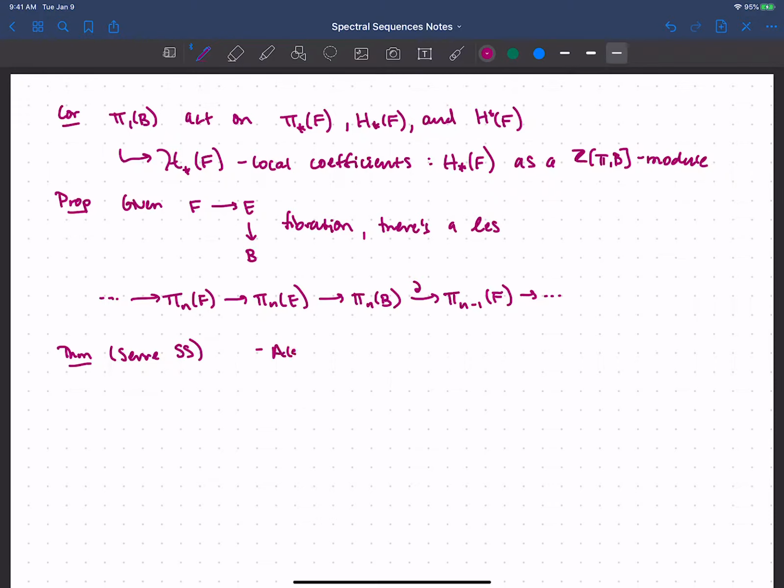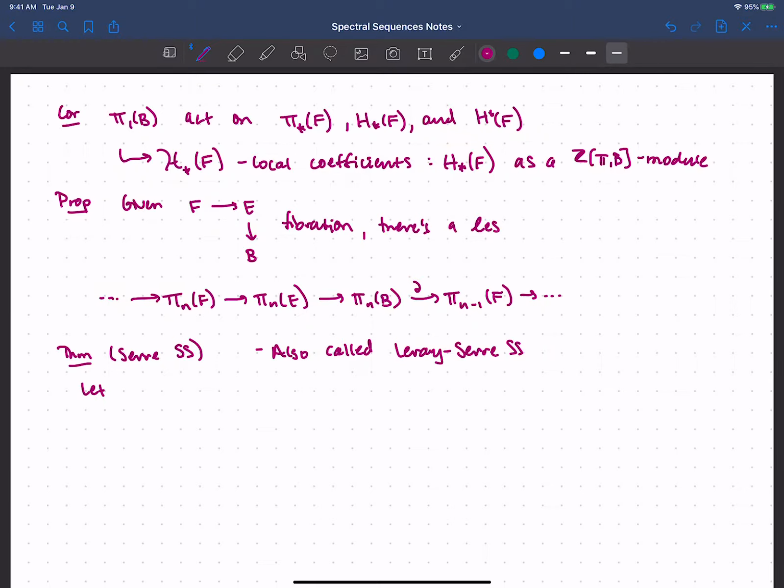And maybe it's worth mentioning because this can be a point of confusion when there are so many spectral sequences with so many names. This is also called the Leray-Serre spectral sequence because Leray and Serre were the first to construct spectral sequences, and their work is related here.